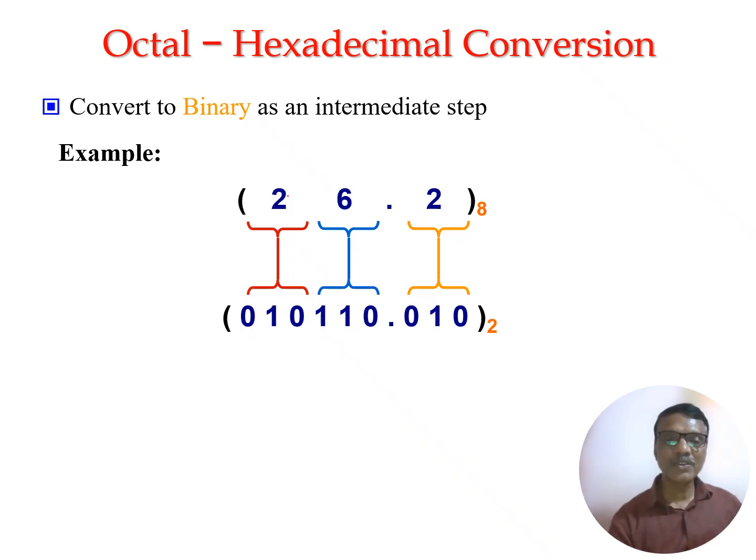Then after binary we need to convert to hexadecimal. For hexadecimal we have to group the binary value in 4 bits.